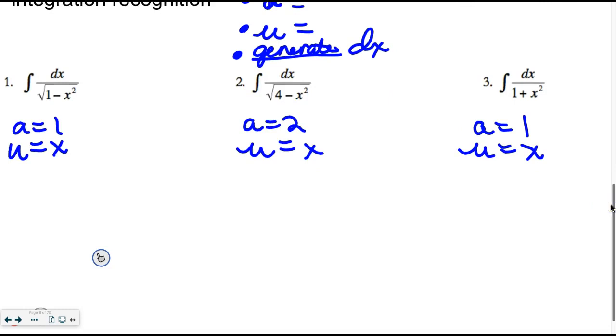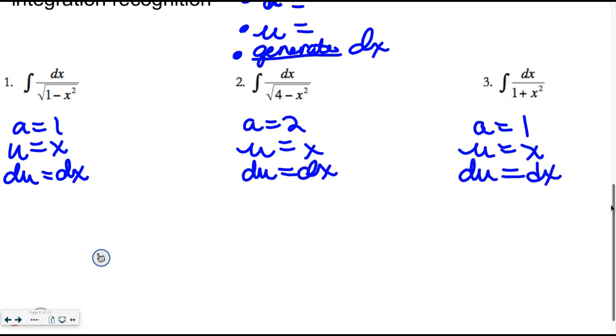But on this one, my du/dx is just 1, or my du is 1 dx, so they're the same. Same thing over here, and over here. So there wasn't really much to generate. There was no need for what I call a fraction correction.